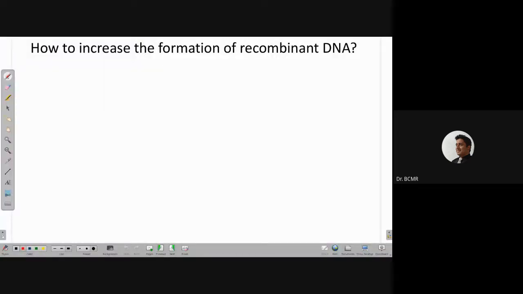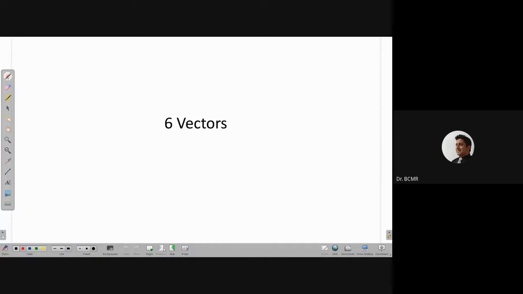Welcome, everyone. We are going to discuss the next chapter or section of the syllabus, which is about vectors. As I already described, I think I gave you a good enough introduction to vectors in the previous discussions. A vector is something that carries. In biology, that's how we use it in infectious diseases.